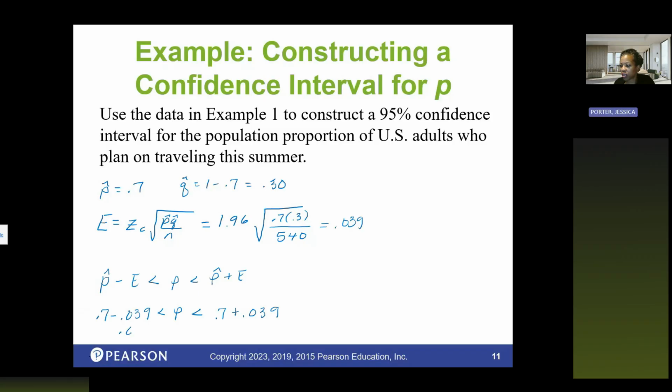Okay, so we have 0.661 less than p is less than 0.7 plus 0.039, which is 0.739. So that is my confidence interval.